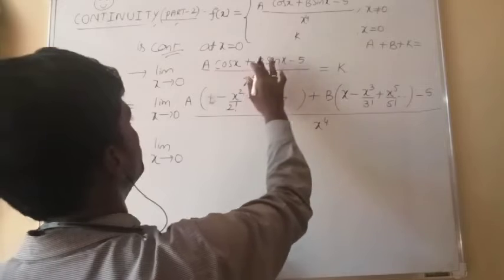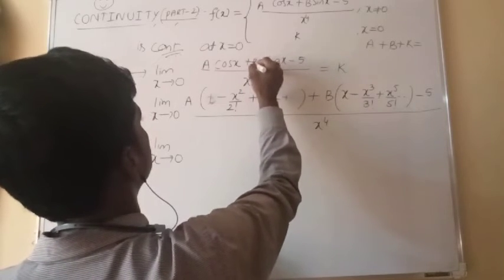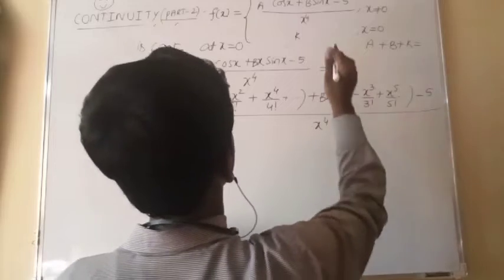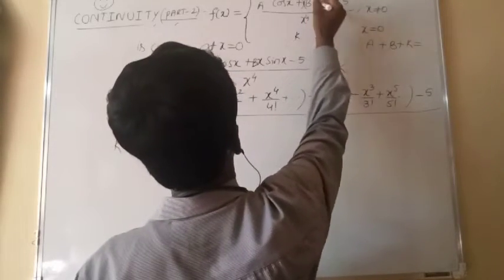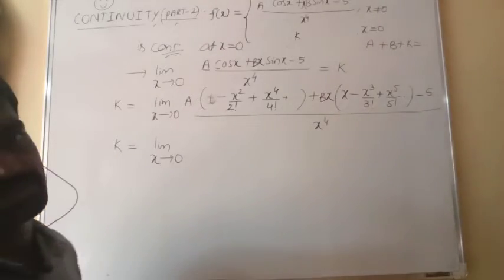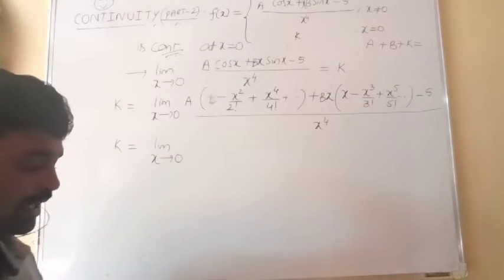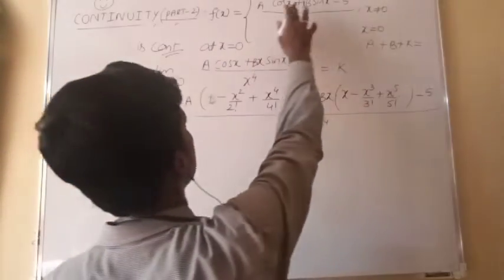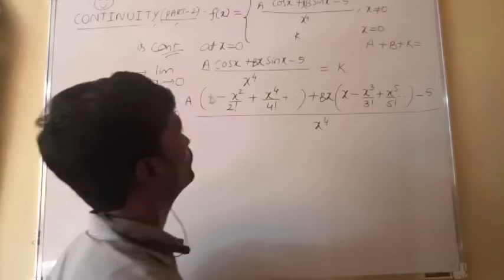It should be bx sin x. You take bx sin x, then only you get the answer. So I have entered it wrongly. So the question should be a cos x plus bx sin x minus 5 by x power 4.